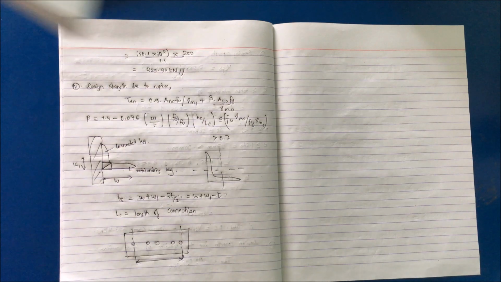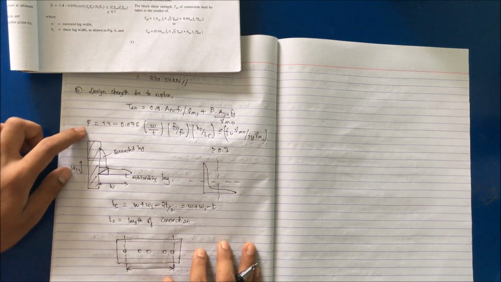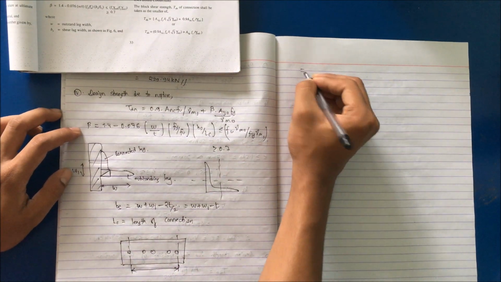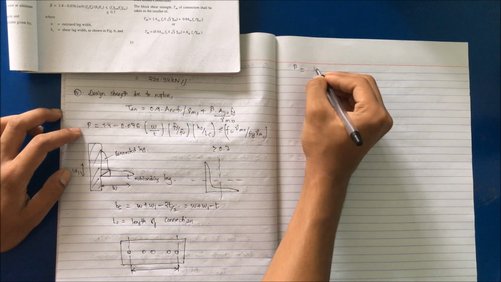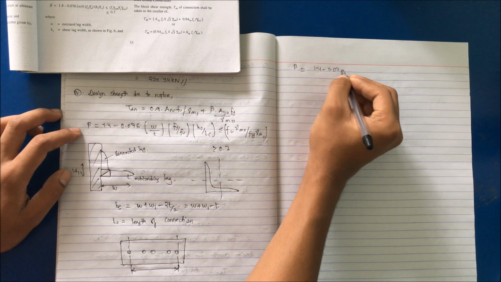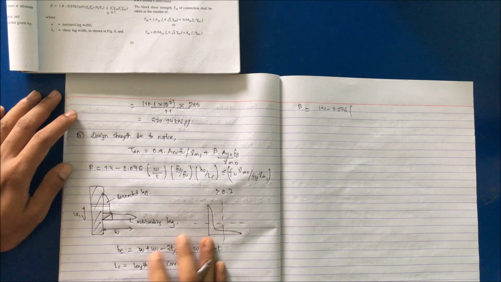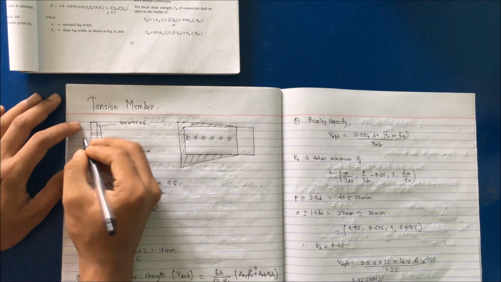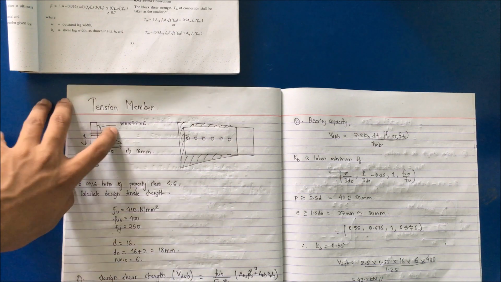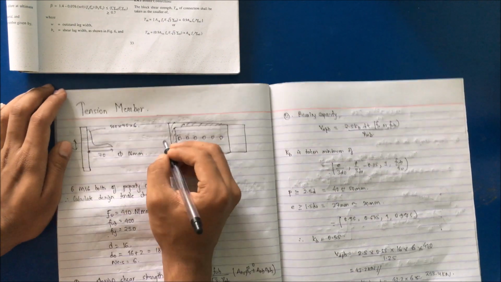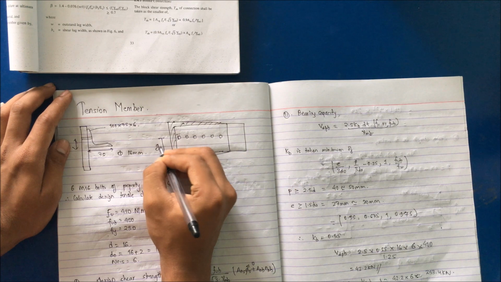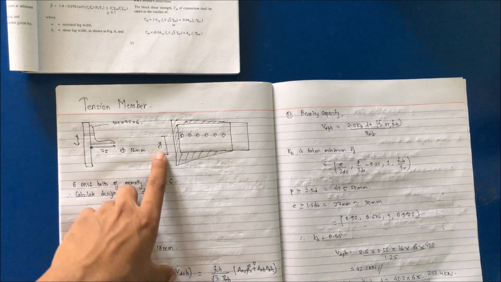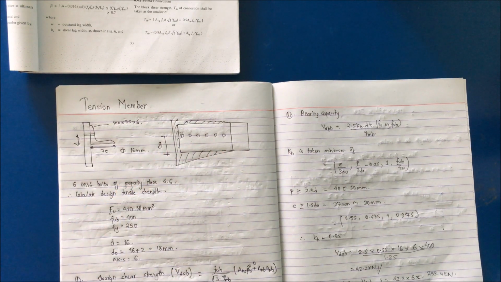Now substitute the values here. Beta is equal to 1.4 minus 0.076. W is, in our case, 75. Now what is W1? This is the gauge distance, G, and this is taken as the smaller value.